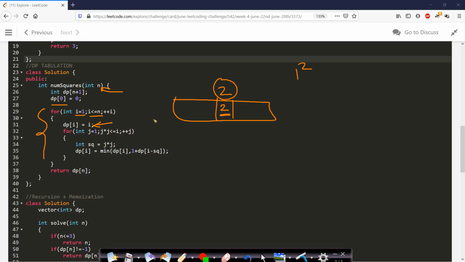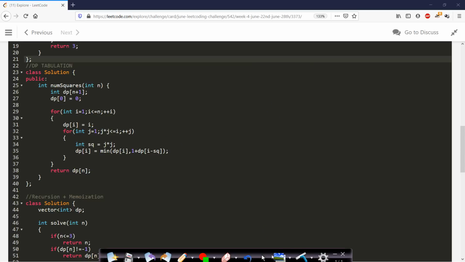After that we will try to minimize this. So we will try to create chunks. We can create breakpoints at 1 square, 2 square, 3 square and so on. Whenever we make a breakpoint, we will be comparing 1 plus dp at i minus square, that is the breakpoint, and the current value which is already stored. This I have already explained in the theory.